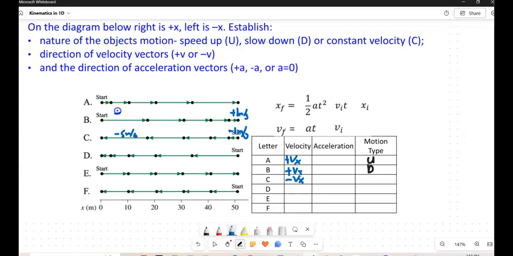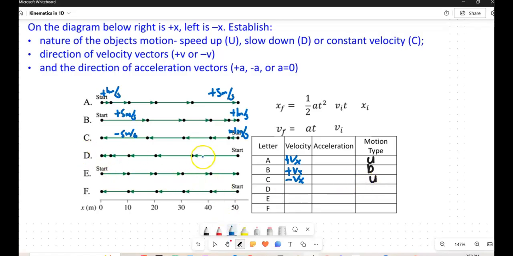And this is positive 5 meters per second. I should have been writing those the entire time. And this is positive 5 meters per second. Okay, so you start off moving to the left at 1 meter per second and end up moving to the left at 5 meters per second. So negative doesn't matter, that's just a direction. So if you start out moving at 1 meter per second, end up moving at 5 meters per second, you're definitely speeding up.